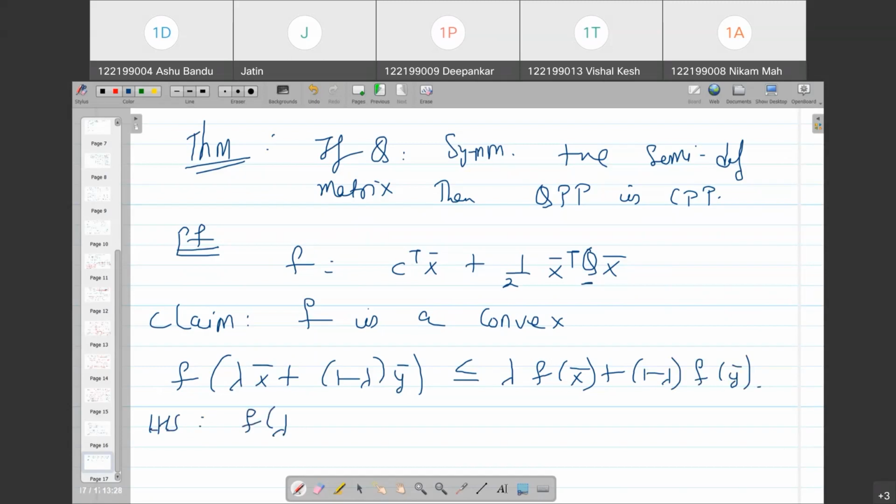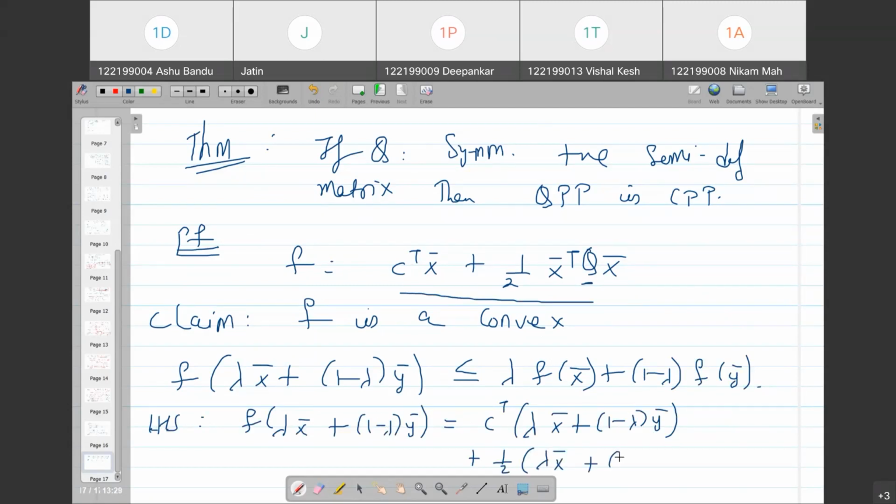F of lambda x bar plus 1 minus lambda into y bar is C transpose into lambda x bar plus 1 minus lambda into y bar, plus half into lambda x bar plus 1 minus lambda y bar transpose Q into again the same thing.